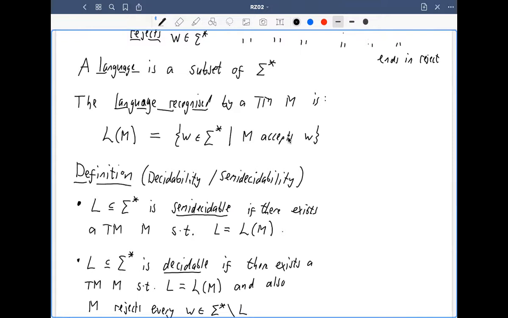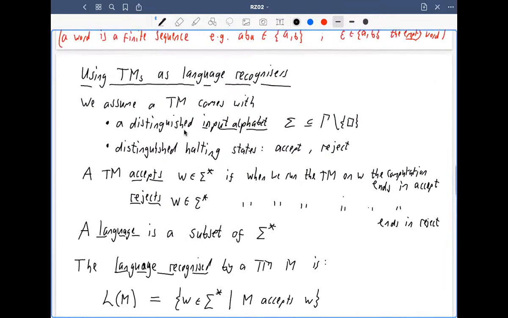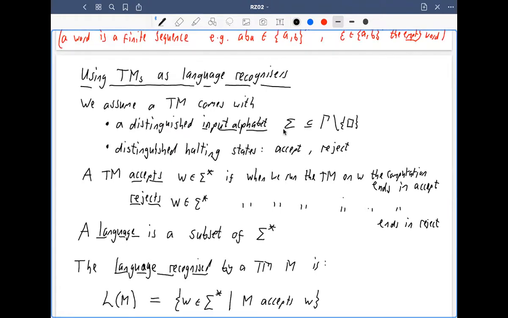It's the set of all words accepted by the Turing machine. So any Turing machine with accept and reject states for which we distinguish an input alphabet will determine a language, namely those words that are accepted.